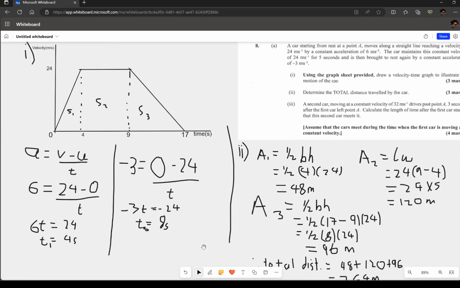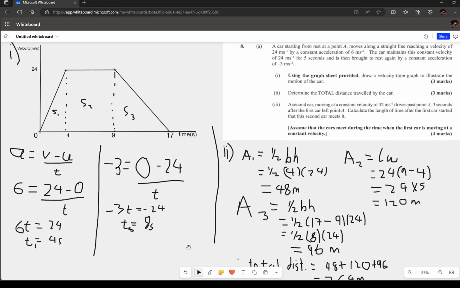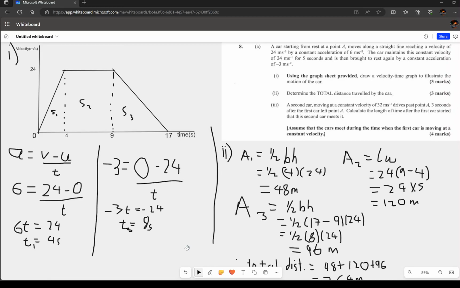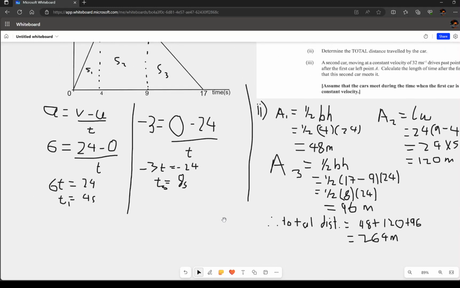Okay, so as you can see, the first two parts of this question were relatively standard. Nobody really had a problem with these two parts, but it's the last part over here, part 3, that often gets quite confusing. So, what I'm now going to do is find a nice little area down here.